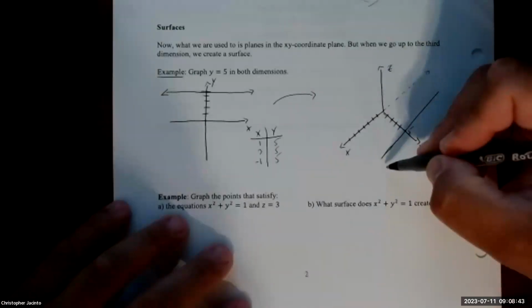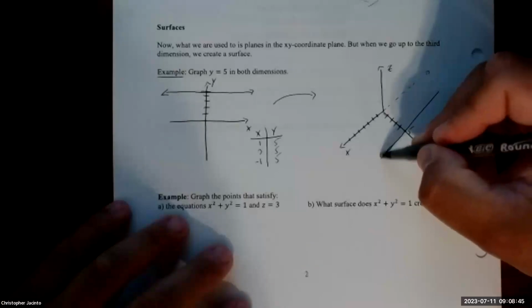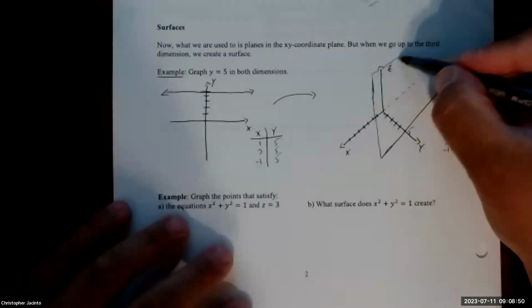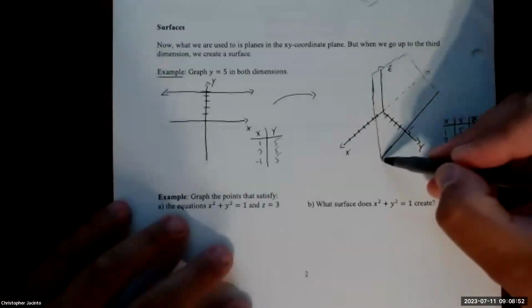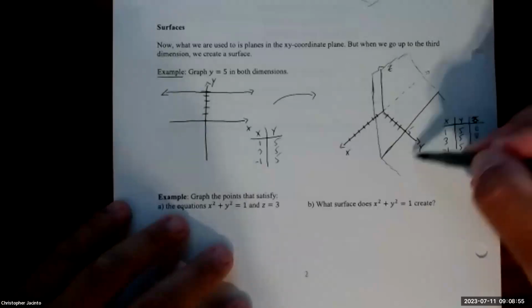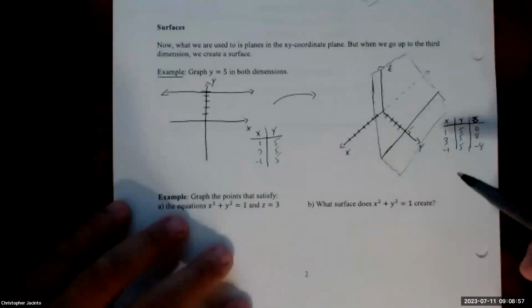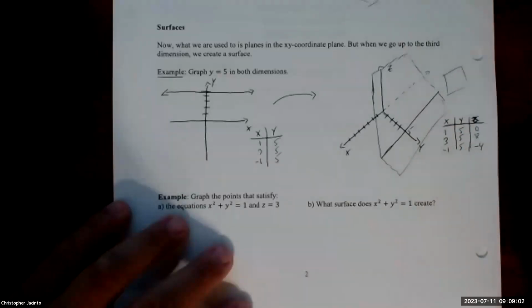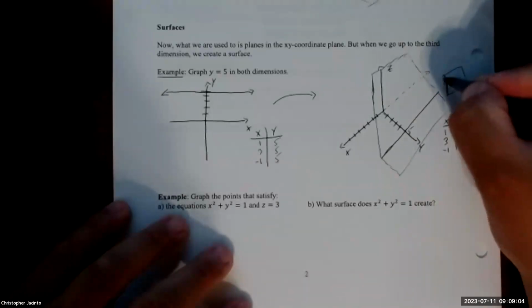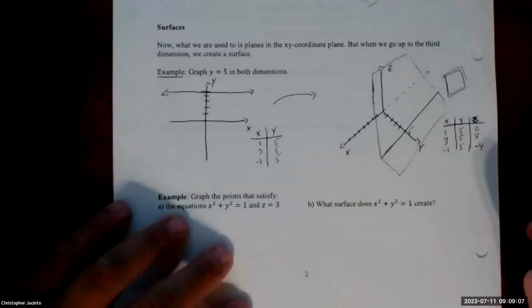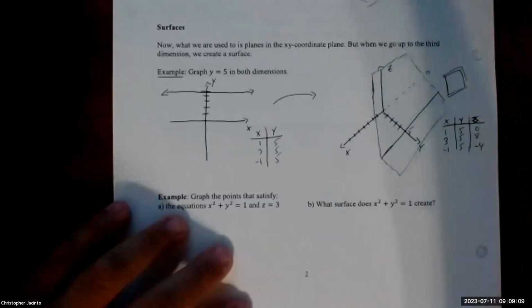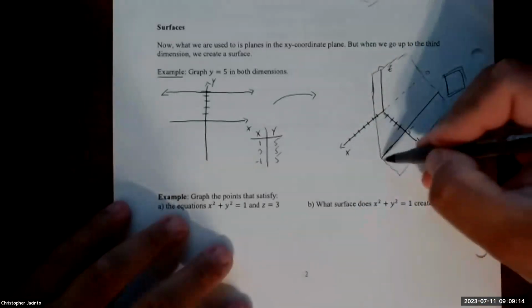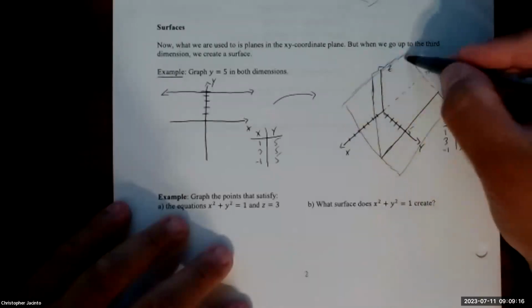So we actually get two things going up: this going up on the positive Z scale, and then going down as well. I didn't make it nice and pretty, but technically you just get a piece of paper. And it's called our plane, or our surface, in three-dimensional space. It literally is just like a piece of paper cutting exactly at y equals 5. So I should have done it like this. There we go, that looks better.